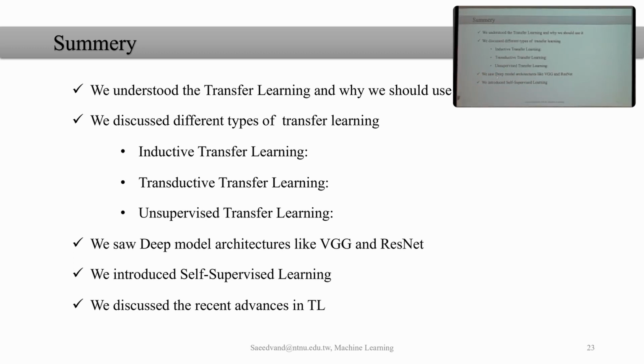Then we introduced self-supervised learning, and we said that self-supervised learning can be used in conjunction with transfer learning, and it's a very advanced technique. Nowadays researchers and companies are using it, for example, in ChatGPT 3.4 and different well-known models. And finally, we discussed all the advances that we have.